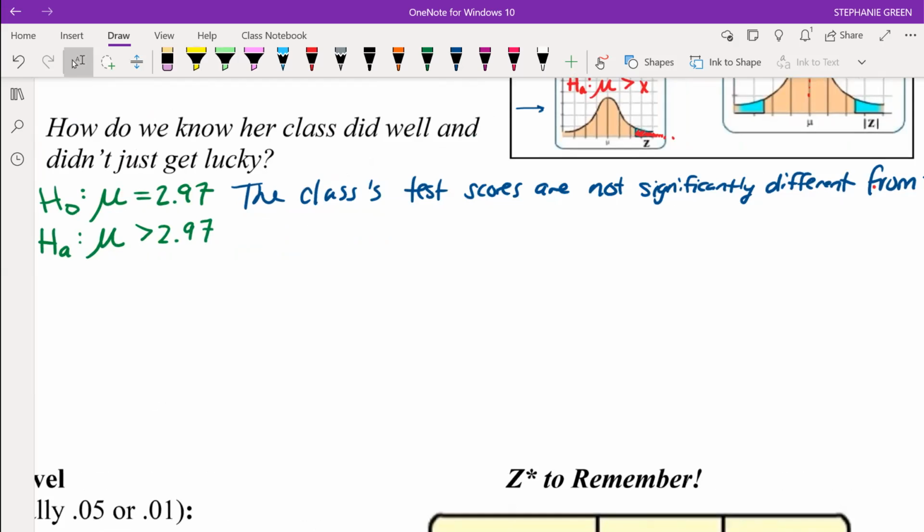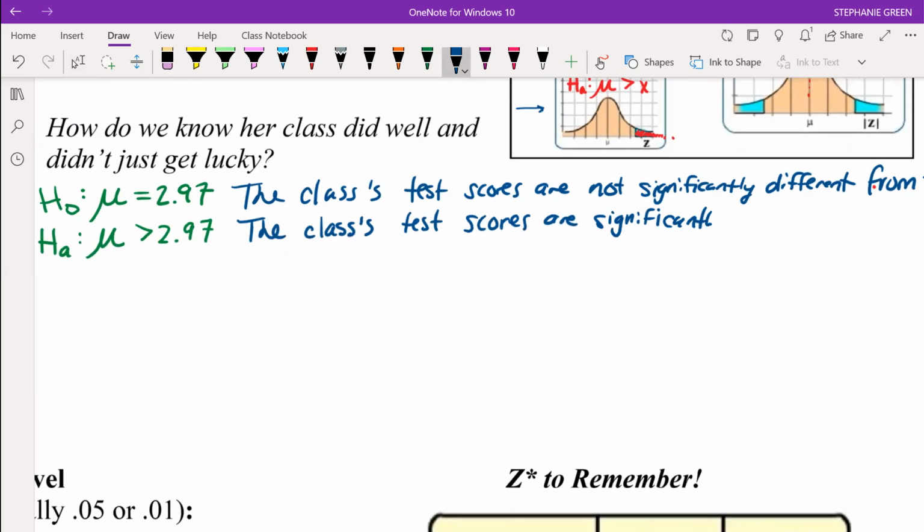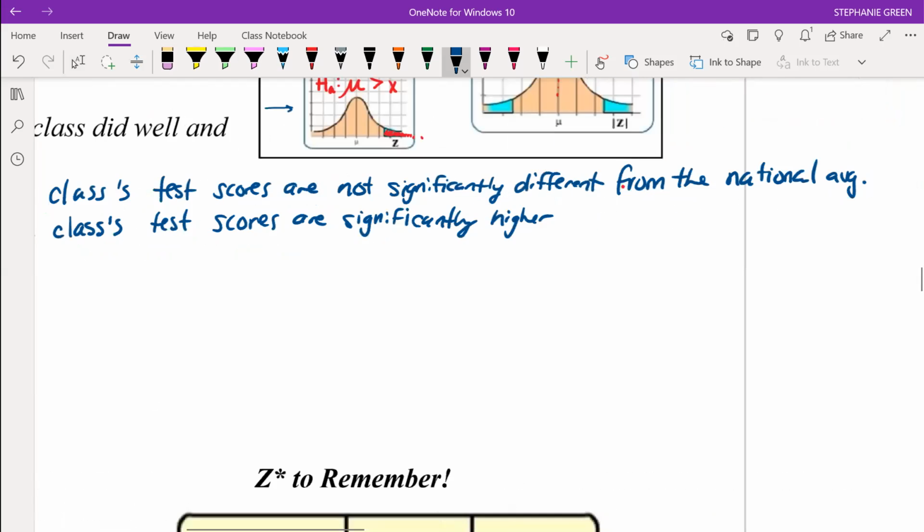So our alternative hypothesis would be the class's test scores are significantly higher than the national average. Significantly higher specifically. Different would mean two-sided.